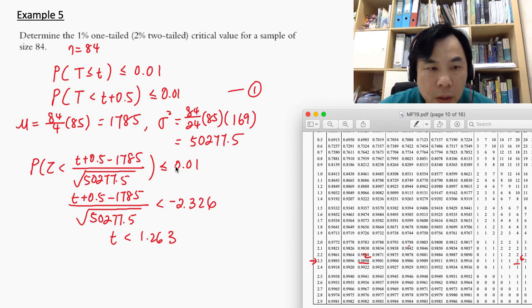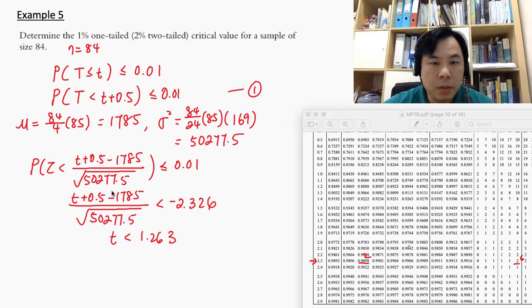All right, I think I made a mistake with my numbers there. The correct one should be 2326.